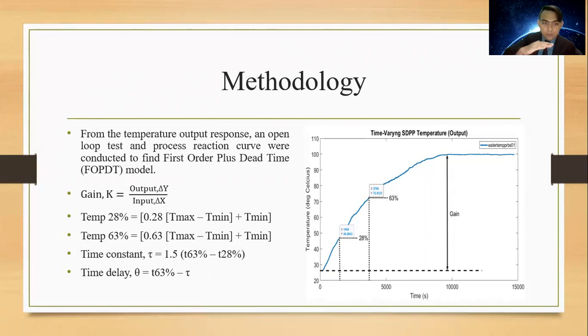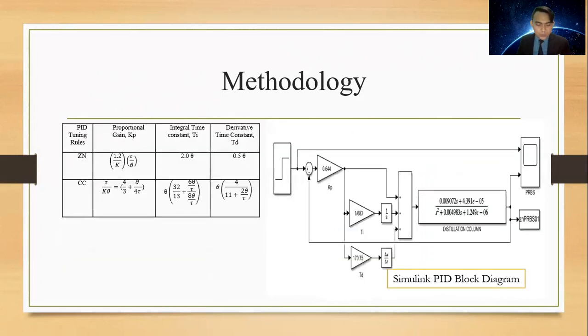Then we will follow the next formulas, for time constant and time delay, to find the values. When the FOPDT values have been gathered, we will proceed to the next step, which is to calculate the PID tuning rules. In this project, there are 2 PID tuning rules, which are Ziegler-Nichols and Cohen-Coon.